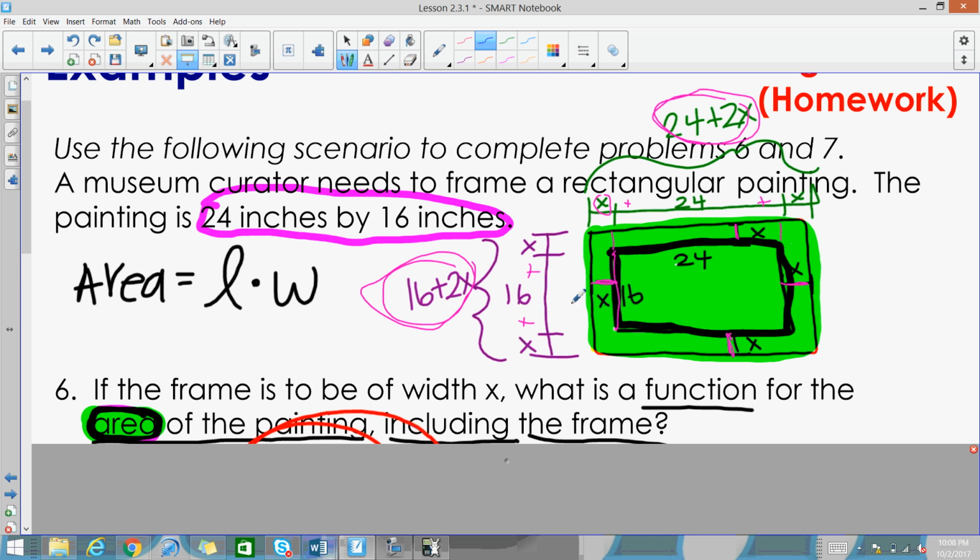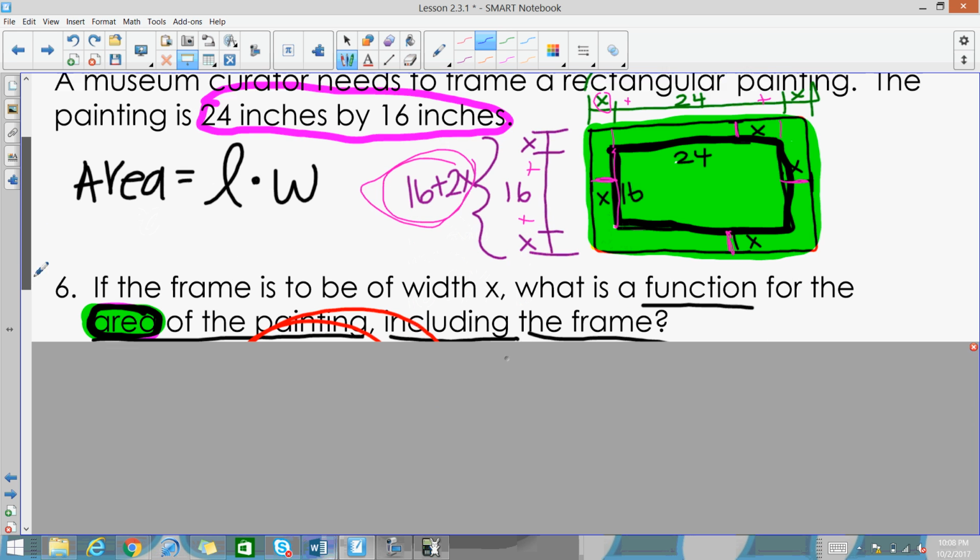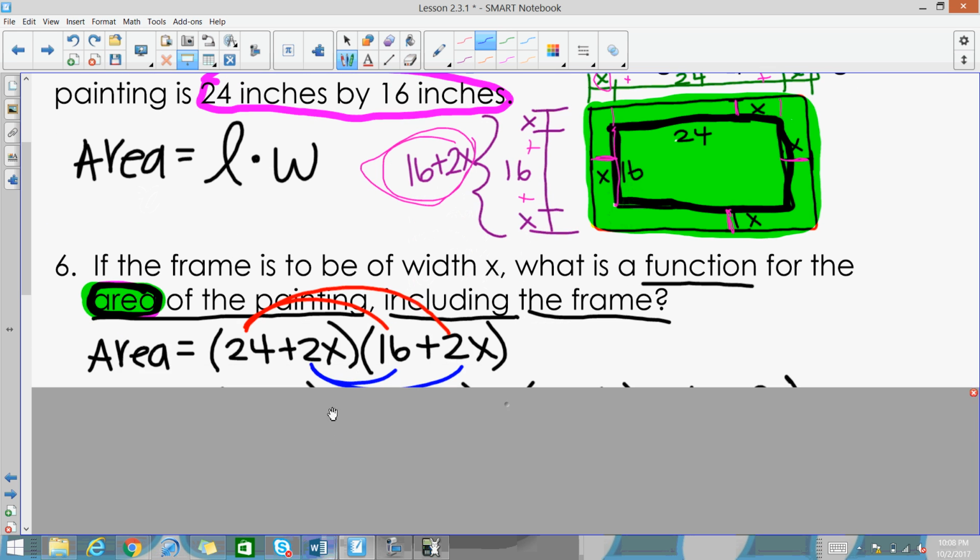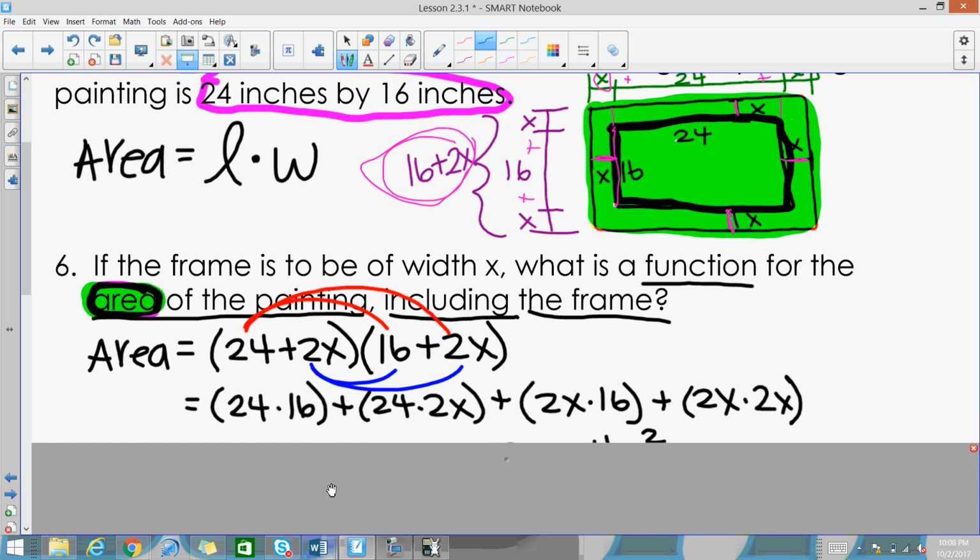So the area now of the frame and the painting, everything inside, is going to be 16 plus 2x times 24 plus 2x. So that's going to look like this. 16 plus 2x, 24 plus 2x. And then to find your total simplified area, you'll double distribute. So 24 times 16, 24 times 2x, 2x times 16, and 2x times 2x.